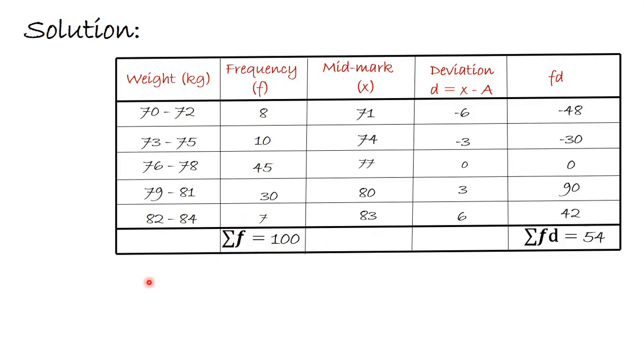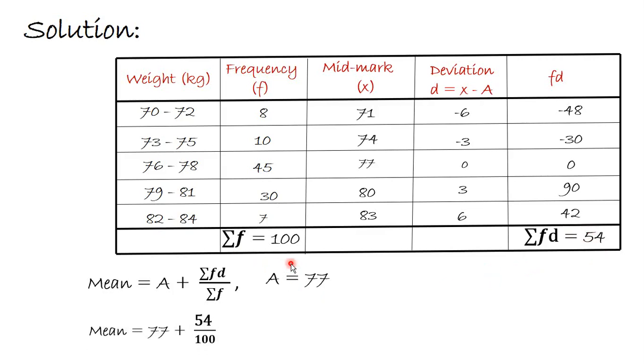Now we want to get the mean using the formula. Mean is equal to a plus summation of fd divided by summation of f, where a is 77, the summation of fd is 54, and the summation of f is 100. So when we substitute, we shall have our mean using your calculator again.